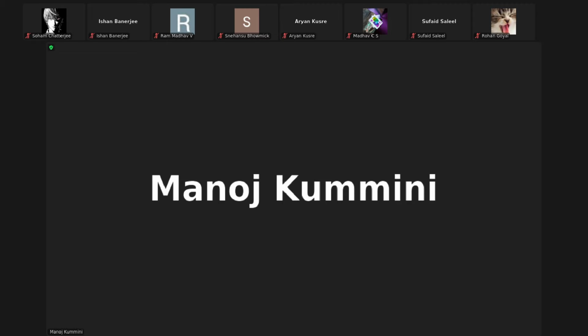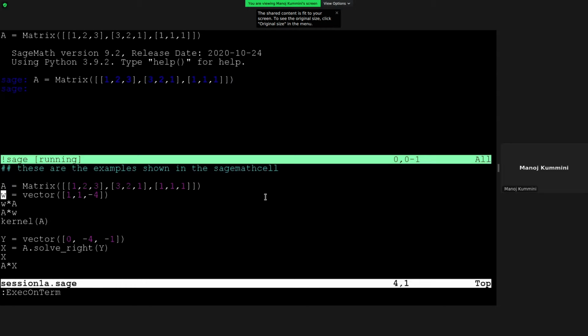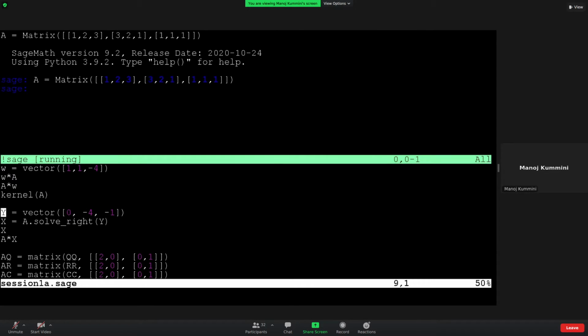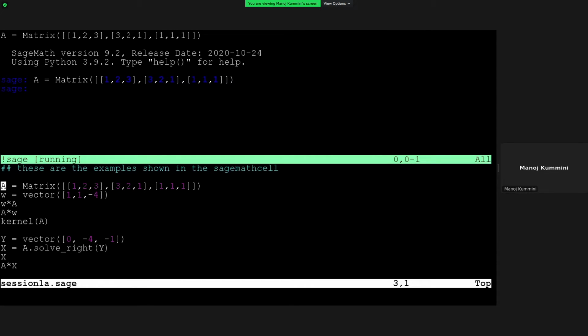Let me share my screen. Do you see my screen? The cursor is moving where I have saved the code, and now I am typing something where the Sage computation is going on. Is it visible? Hello? Yes, sir.